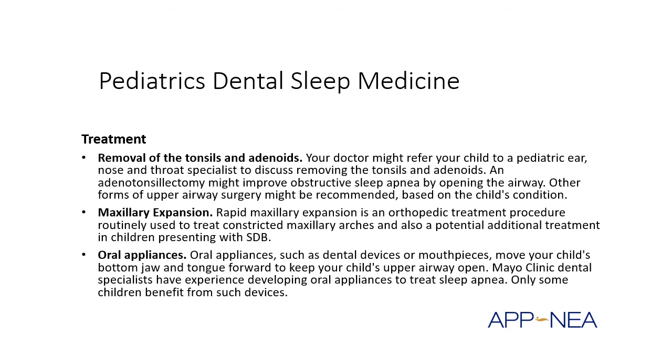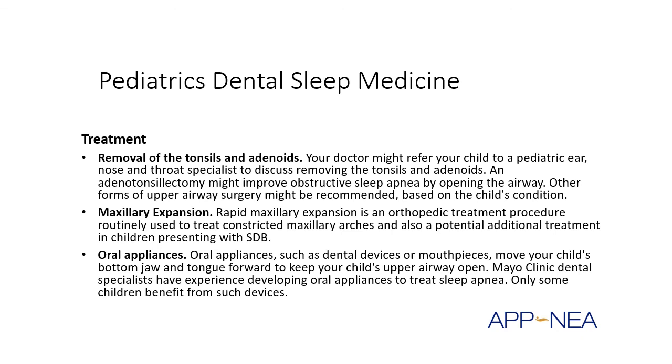But the management of these pediatric patients, the first round of therapy that's been recommended is removal of tonsils and adenoids. And the second recommendation is for maxillary expansion, those children that have narrow constricted maxillas.